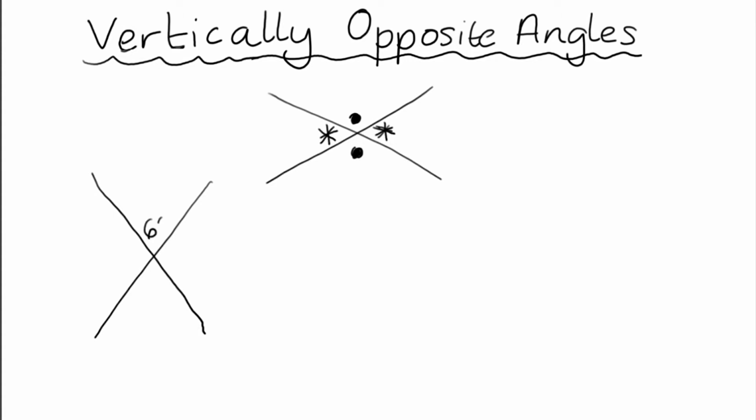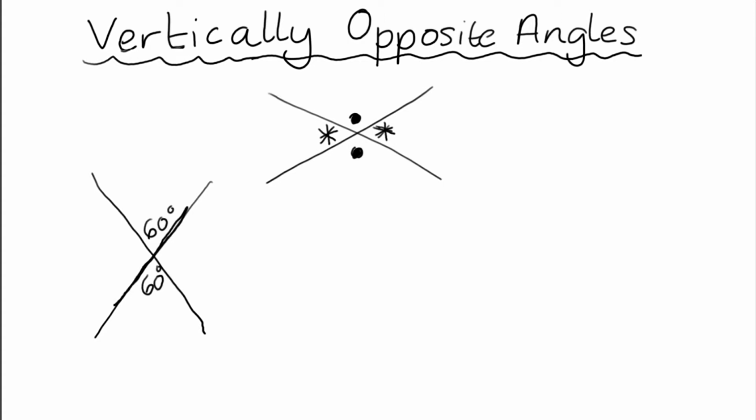If we have 60 degrees here, we can find all 4 angles quite easily. The angle vertically opposite will be the angle just underneath across in the X shape. And that will be 60 degrees because it has to be exactly the same. If we look at a straight line, so if we look across here, you can see that's a straight line.